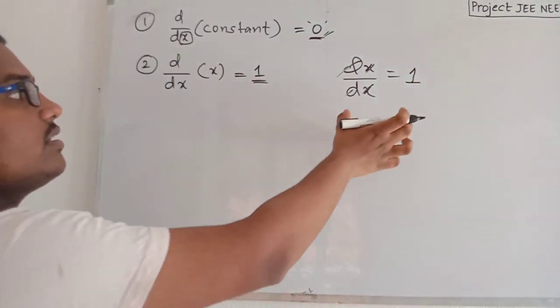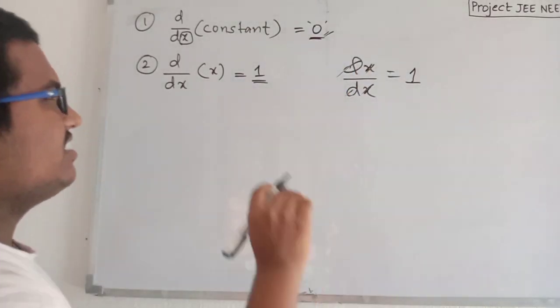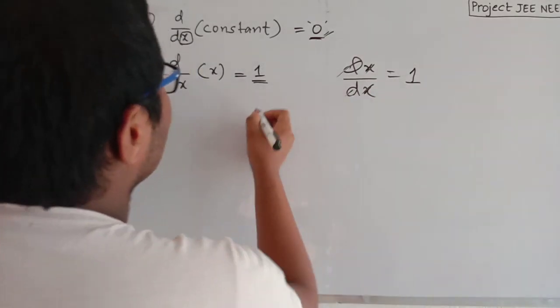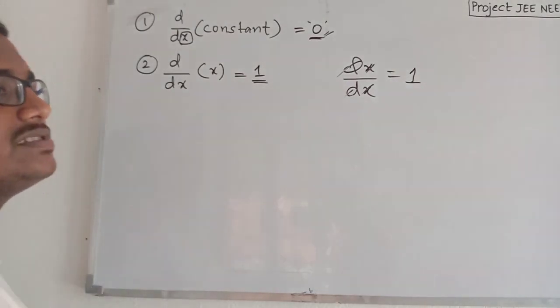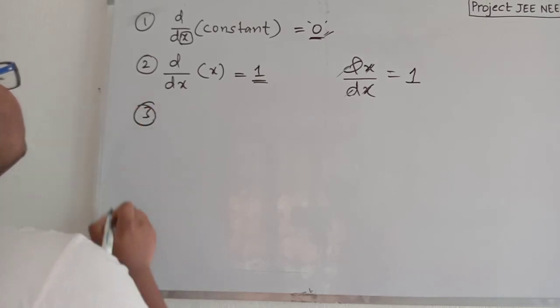This is not the actual way. We should not cancel out like this, but for this case we will remember. This is a trick to remember this type of question, but don't apply this in the upcoming problems, that will be problematic.